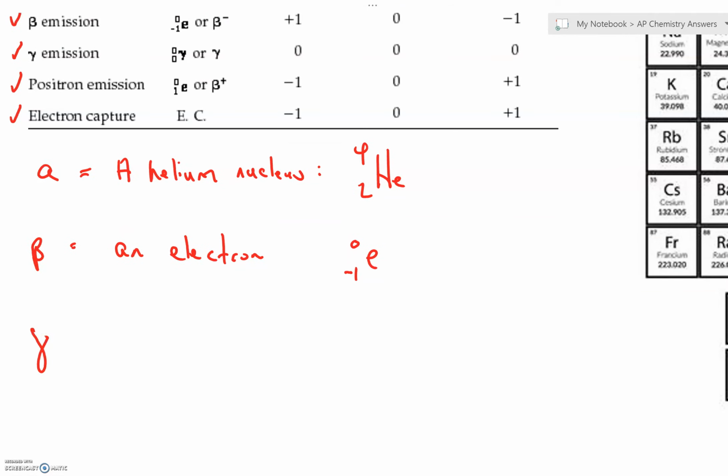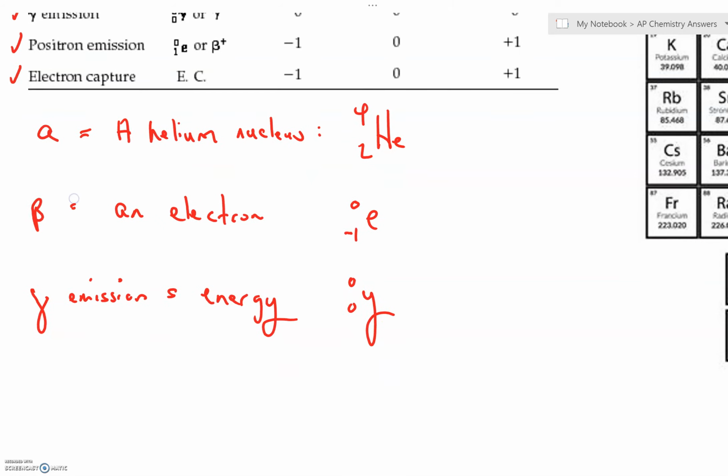What we call a gamma emission, it's not really a particle at all. It's simply energy. And that means that it has no mass nor charge. It's just energy. Okay? A positron emission is the reverse of an electron.